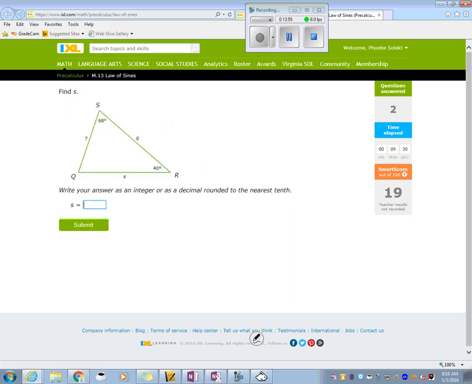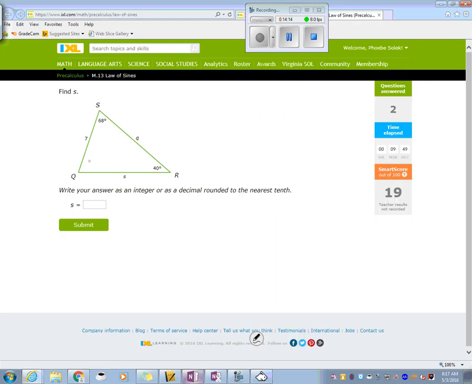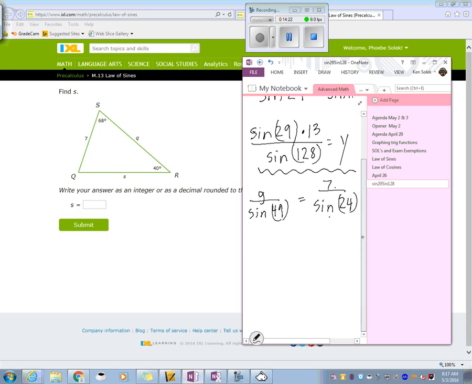All right. Now, there is something I want to point out, and we haven't done a question yet that requires us to do this. But once you get your score up a little higher, it will require that you are able to calculate the measure of that third angle. What property, way back from geometry, was it? The triangle sum theorem. I think I heard somebody say that.